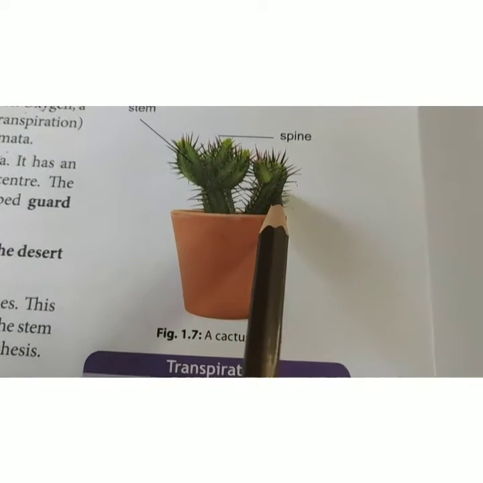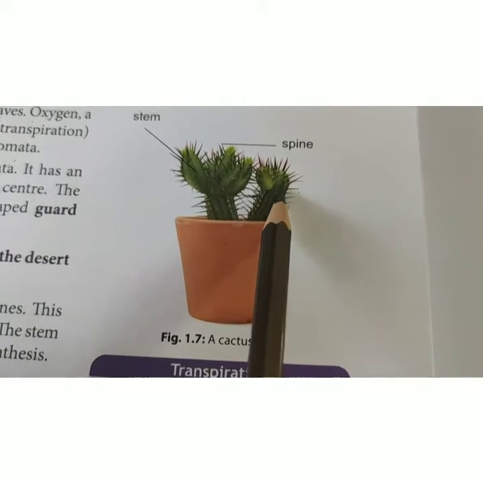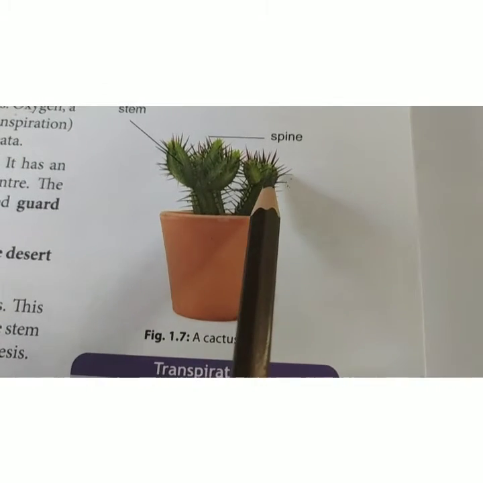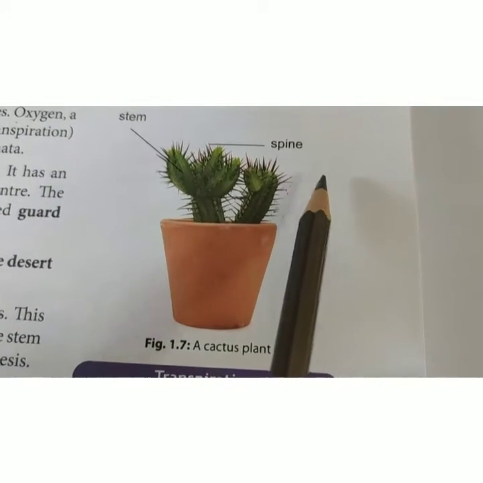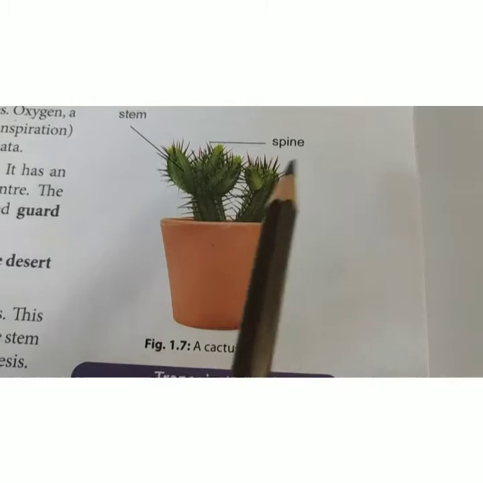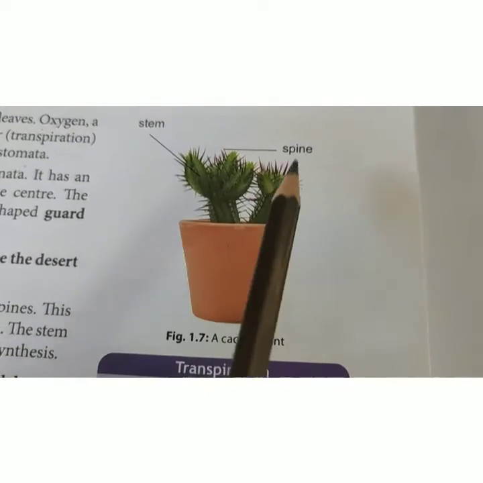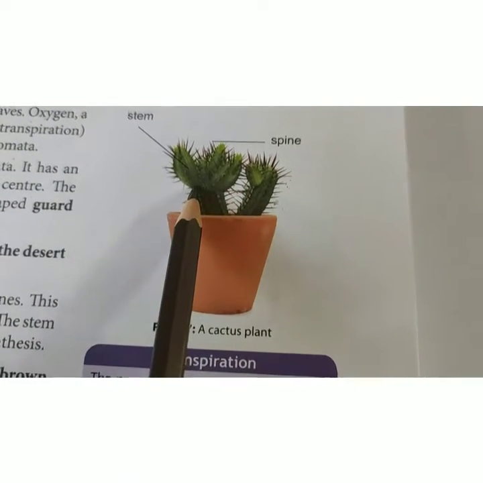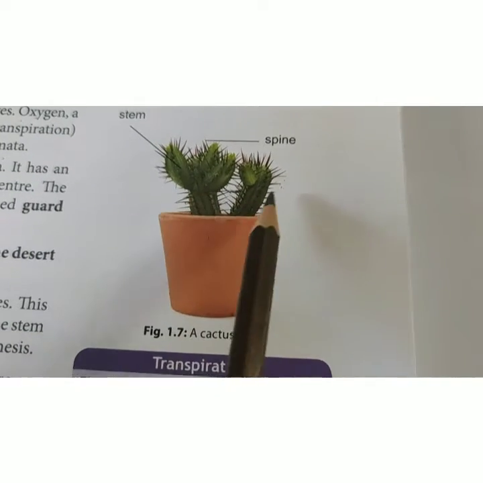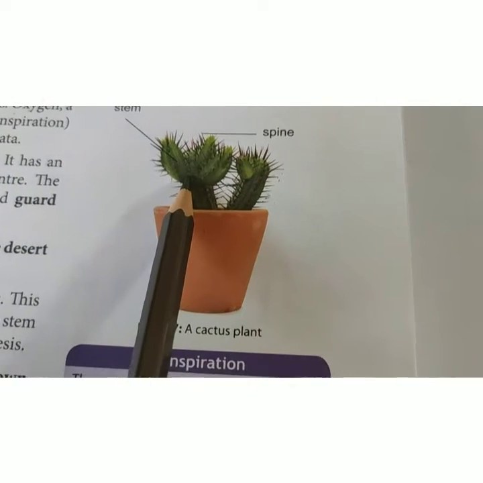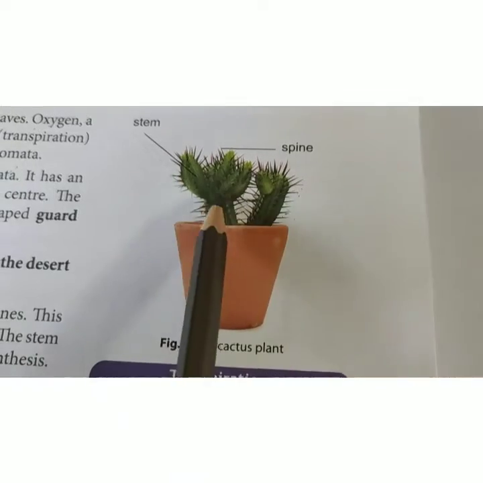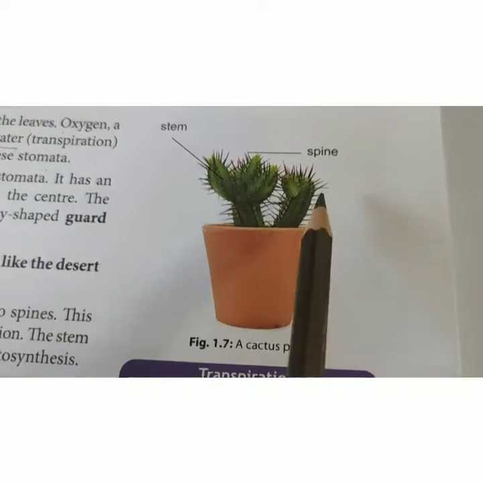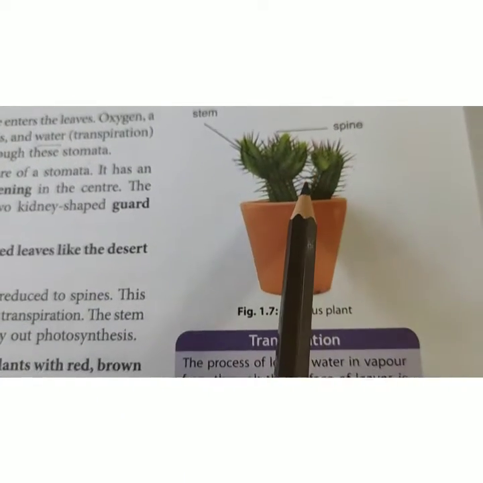So here the leaves are transformed to spines, so that stomata are not there and they don't lose water easily. Then who carries on the photosynthesis, because this plant has to survive? So the stem, which is green in color, carries on the process of photosynthesis.